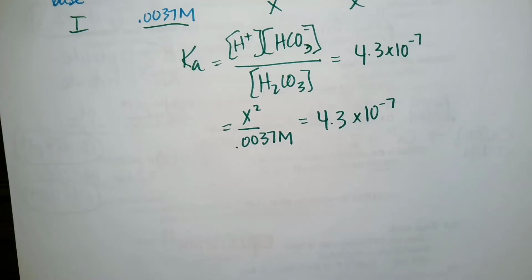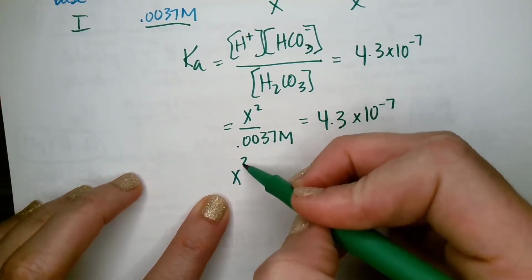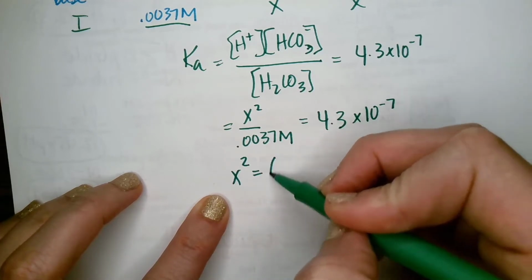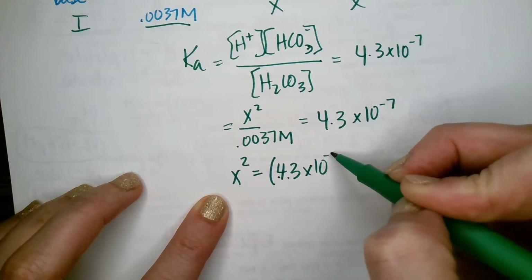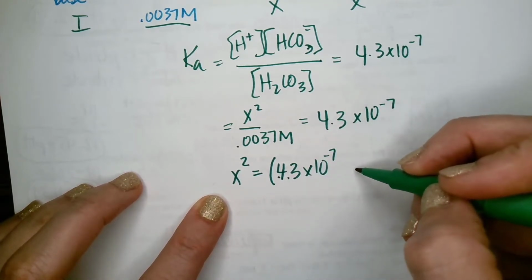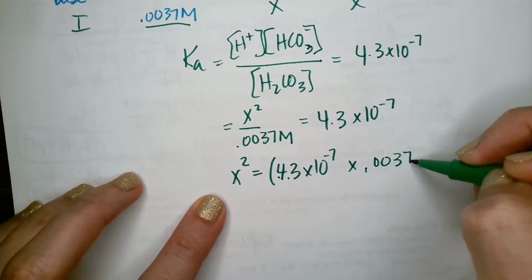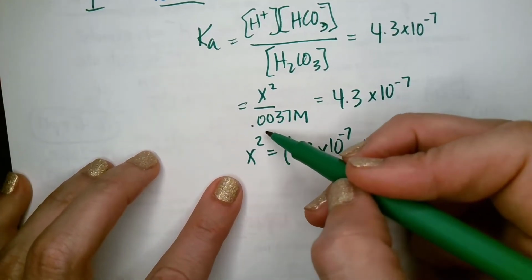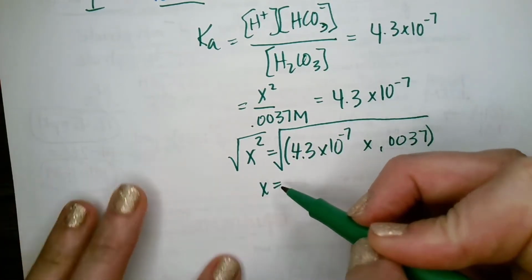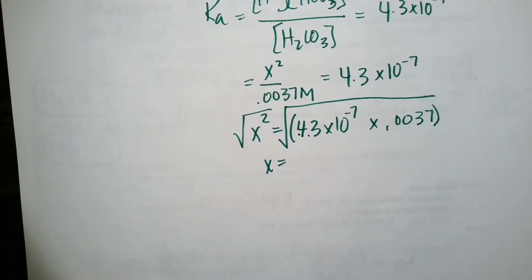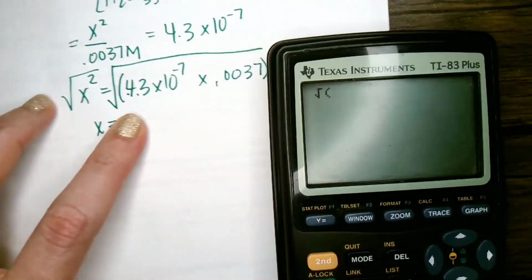So let's simplify this, and we've got 4.3 times 10 to the negative 7 times 0.0037, and that'll be equal to x squared. And then in order to get x by itself, we have to square root it. So let's figure out what x is.